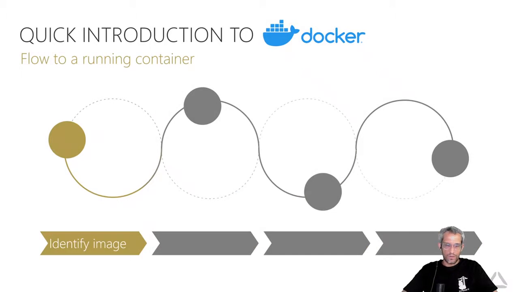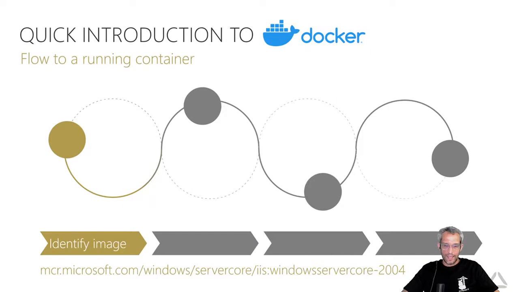So what do we do if we want to get a container up and running? The first thing that we want to do is identify the image that we want to use. As I said, the image is basically the template for our container. So if we want to start a container, we need to say, okay, this is the specific image that I want to use. Let's say we want to use an IIS, then I would maybe use that one.